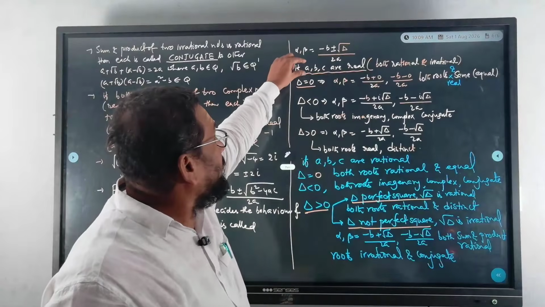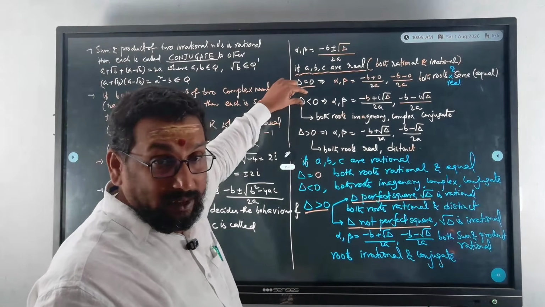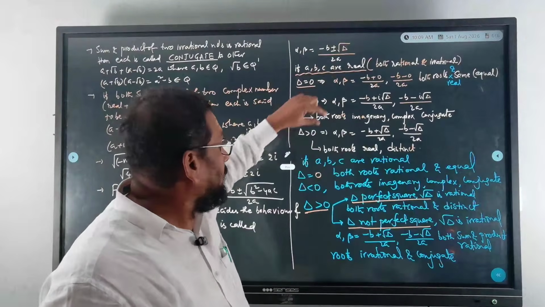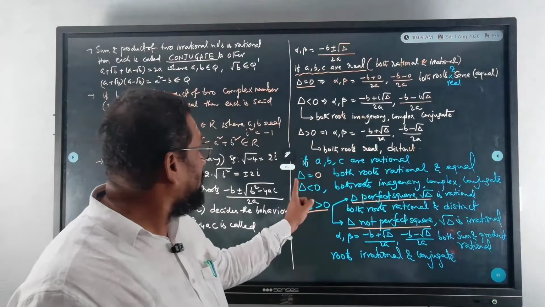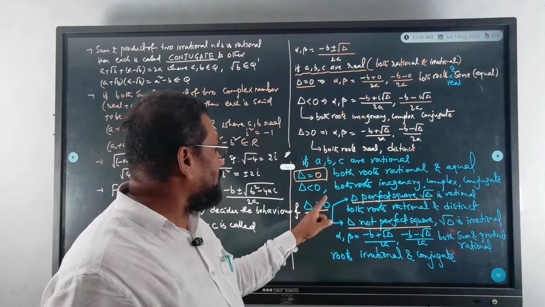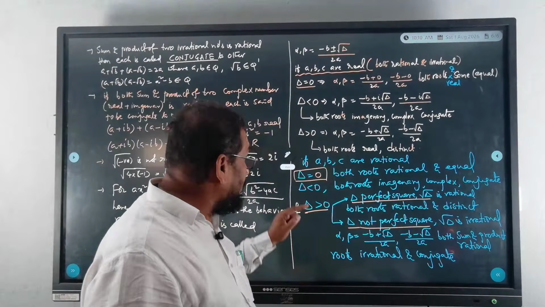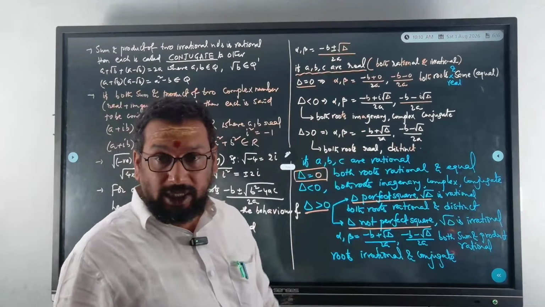So if a, b, c real, in the cases delta equal to 0 or delta less than 0, if a, b, c real, roots real. If a, b, c rational, roots rational, in the case of delta equal to 0. In the case of delta less than 0, both roots are imaginary and conjugate. In the case of delta greater than 0, if a, b, c real, both roots real and distinct.